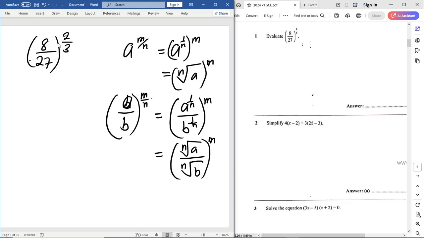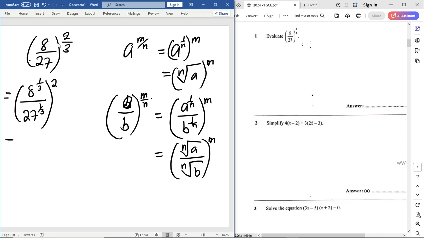Okay, so now that we've established this, let's go ahead and try to solve this question that we have there. So basically that's going to be 8 to the power 1 over 3 divided by 27 to the power 1 over 3 and everything to the power 2.